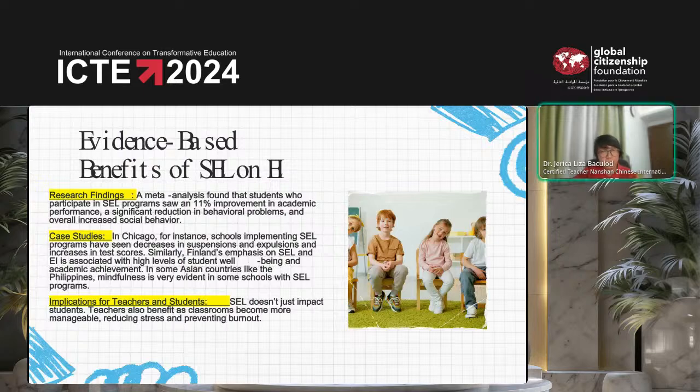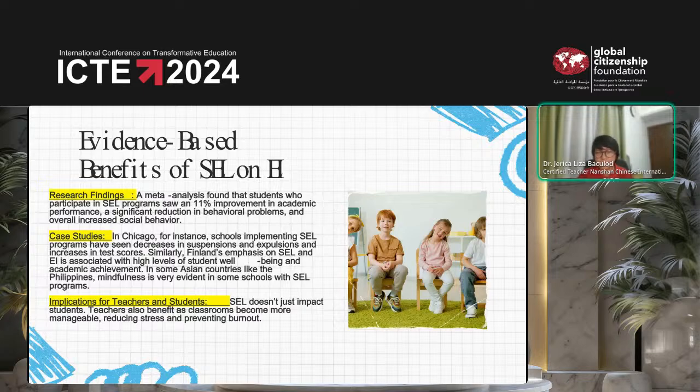Now we have here evidence-based benefits of SEL on EI, or emotional intelligence. Let's dive into the data that supports SEL as a driver of emotional intelligence in student success. First, research findings. A meta-analysis found that students who participate in SEL programs saw an 11% improvement in academic performance, a significant reduction in behavioral problems, and overall increased social behavior.